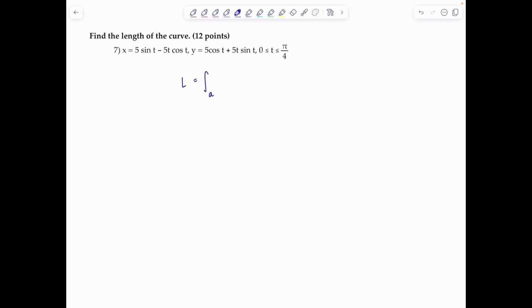It goes from a to b, definite integral of the square root of (dx/dt) squared plus (dy/dt) squared dt. So let's first take our derivatives, dx/dt, dy/dt, square them, clean it up, and then we'll write out the whole integral, okay? Let's hop to it then.